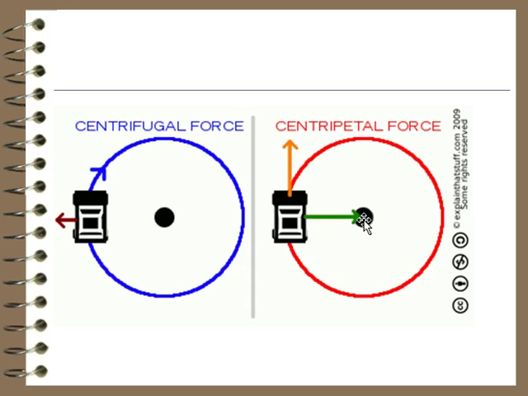Okay, in this case, it may be a string that is attached, but if that string is let go, it will go straight out. And this force is always going towards the center of it, the radius of it, but it is a force that keeps on curving it in, because otherwise it would go straight out perpendicular from the radius.